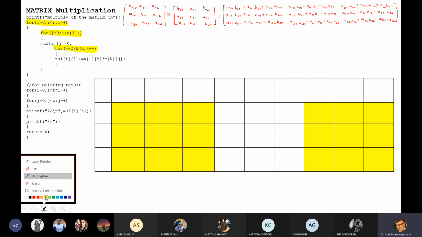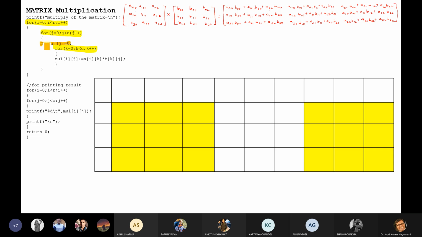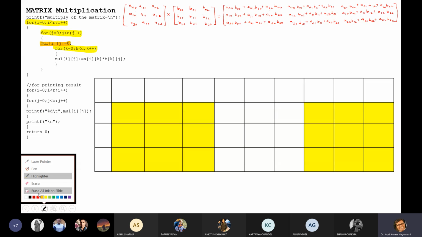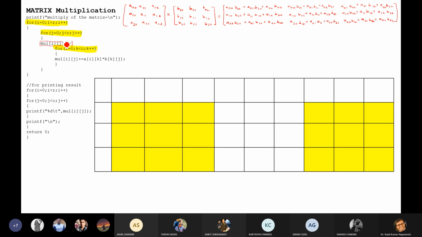Now, what are the calculations associated with each of the for loops? So this is the first calculation. Let me erase this, this will not give us a good result. Okay, so this is our first calculation, not innermost.